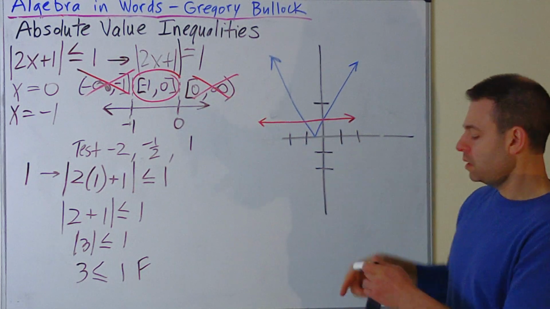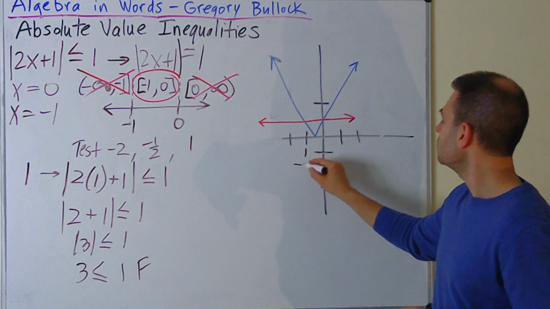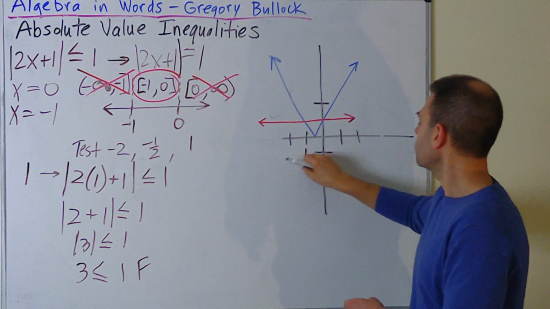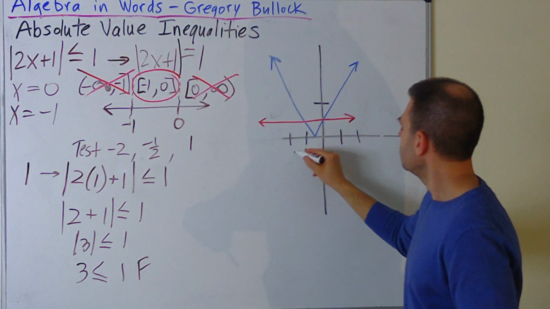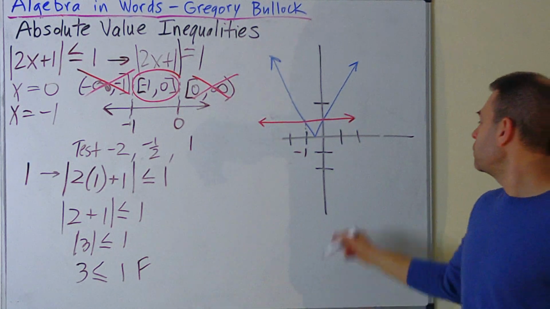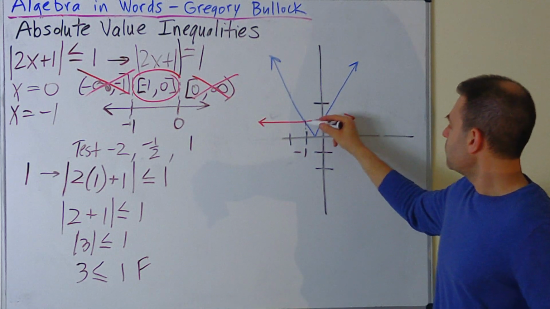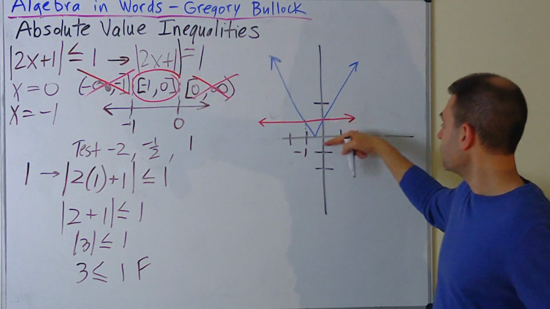So if we look here, don't you agree that this is negative 1? Okay, which goes up to here. And don't you agree also that this is 0, because it's here.